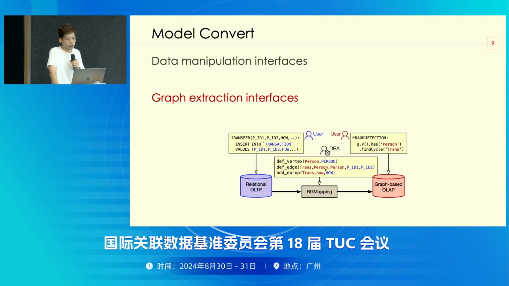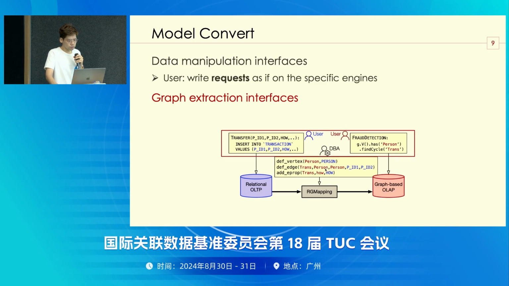The model convert component allows users to not rewrite their requests. We call the traditional requests, like SQL OLTP operations or graph operations, data manipulation interfaces, and they can be executed on the specific engines. In GART, we present a new type of interface called graph extraction interfaces.